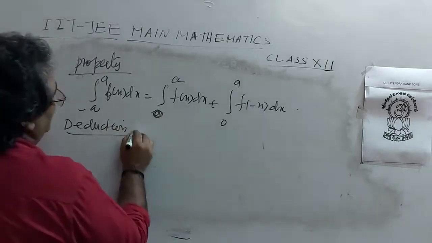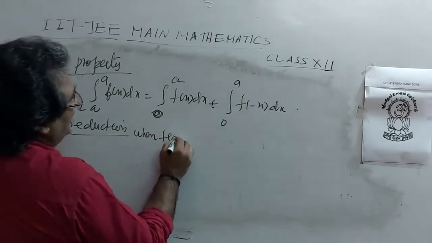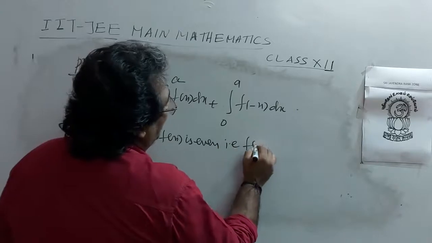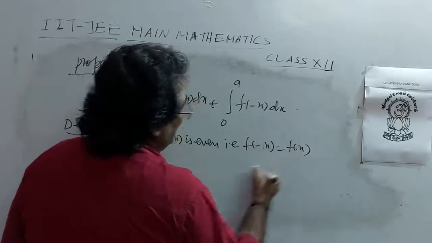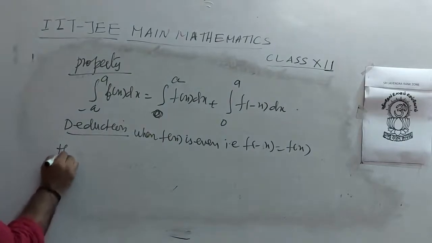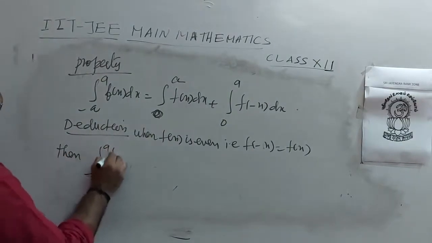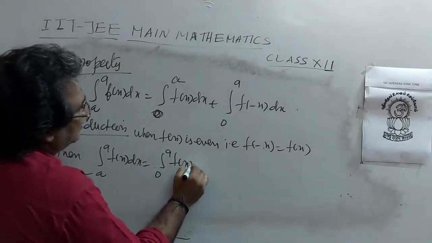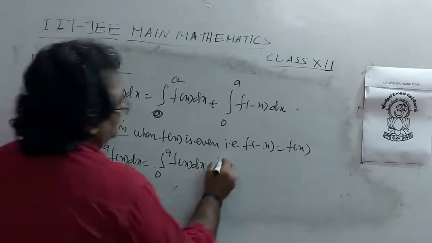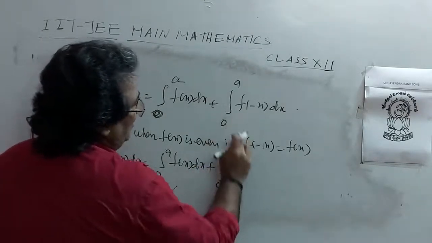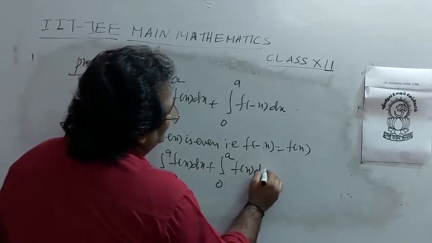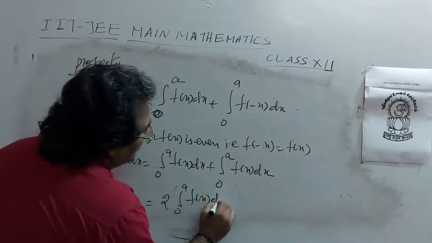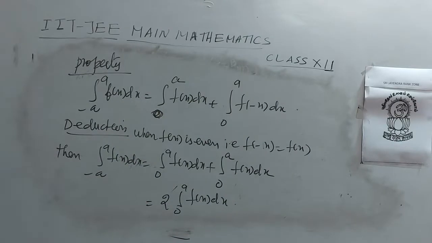Then if f of x is even, that is f of minus x equals plus f of x, then integral minus a to a f of x dx equals integral 0 to a f of x dx plus integral 0 to a, in place of f of minus x we take f of x, equal to 2 times integral 0 to a f of x dx.